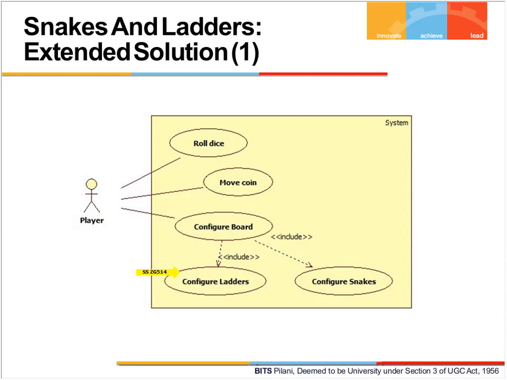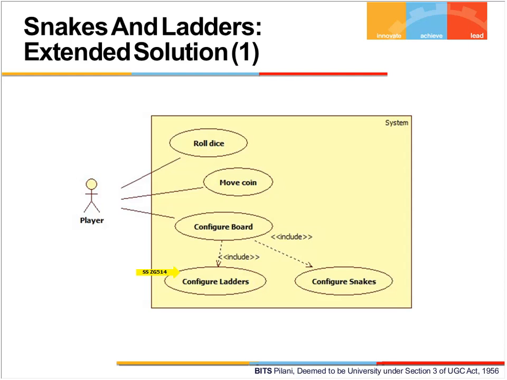So when you draw a use case diagram, you must refine it to the level possible. You cannot simply say that I will have only roll dice, move coin, configure ladder, configure snakes. This is definitely going to get you fewer marks.